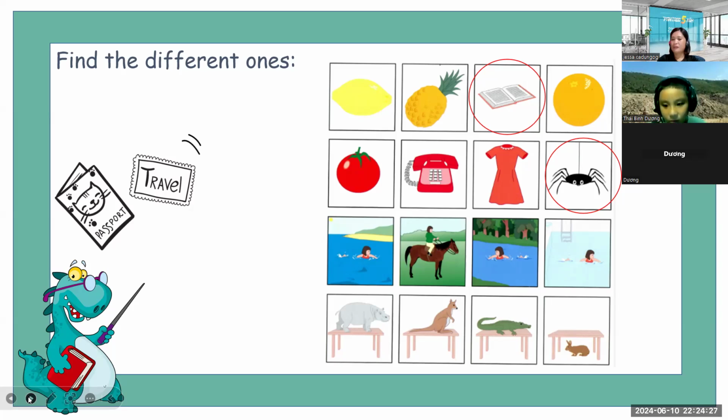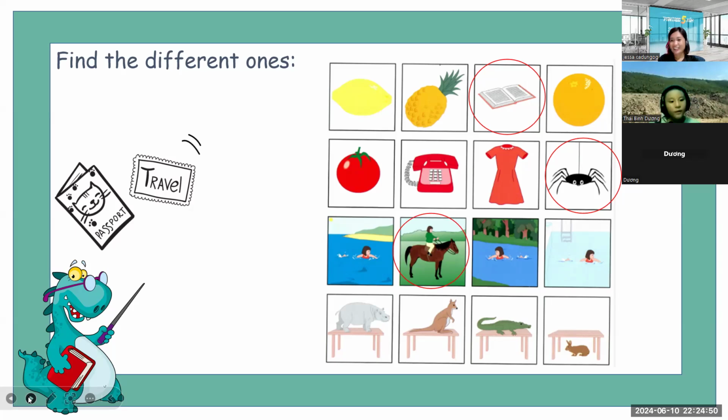All right, so which one, Tony, do you think is different? I think it's picture 2. Oh, why do you think it's picture 2? Because in picture 2, she is riding a bike.